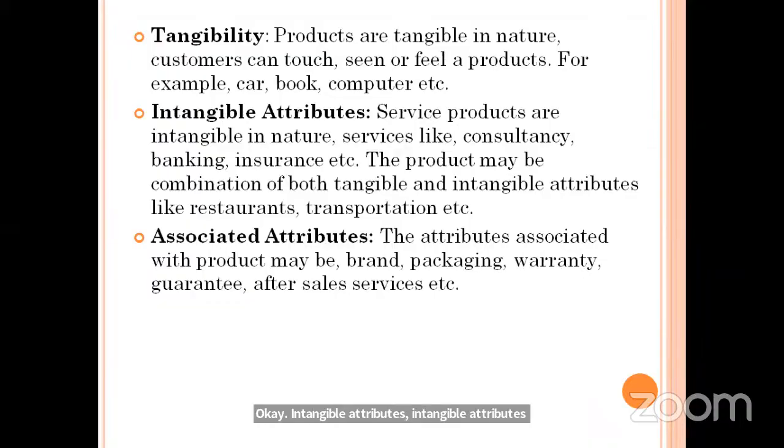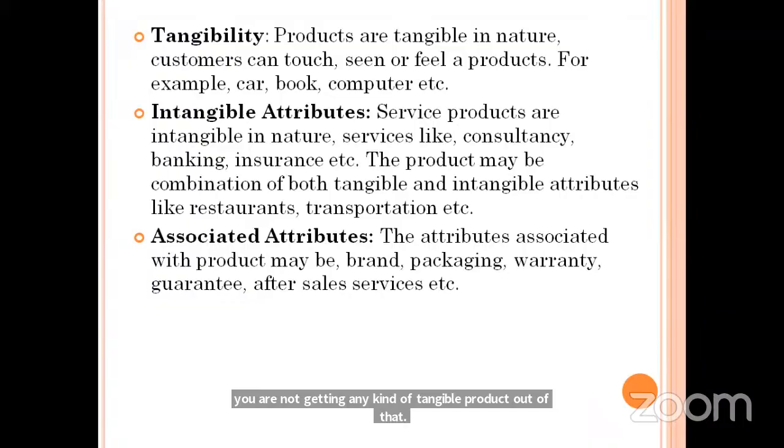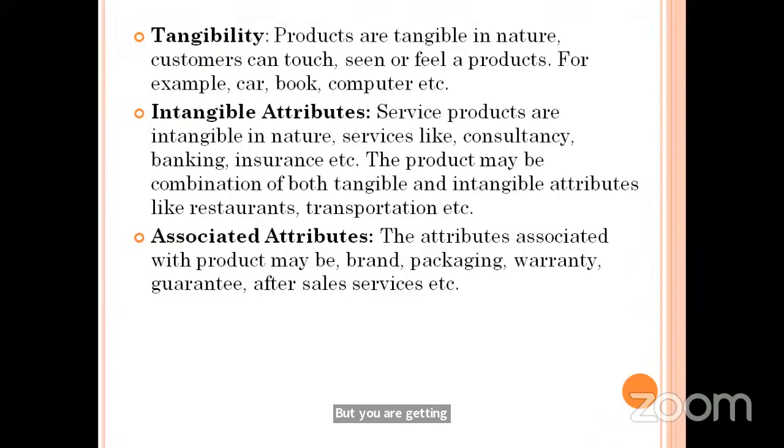Intangible attributes में क्या आता है, like you have invested your money in insurance, so you are not getting any kind of tangible product out of that, but you are getting an intangible product, that is the services which will come to you after the completion of the period of insurance. That is one example.